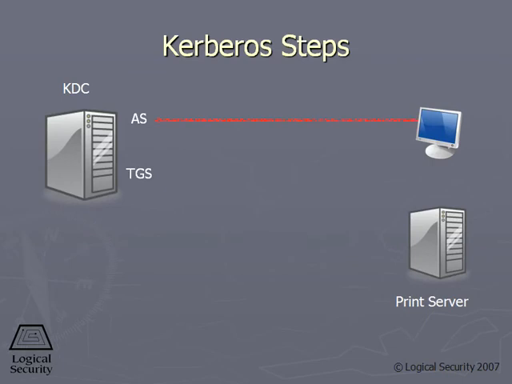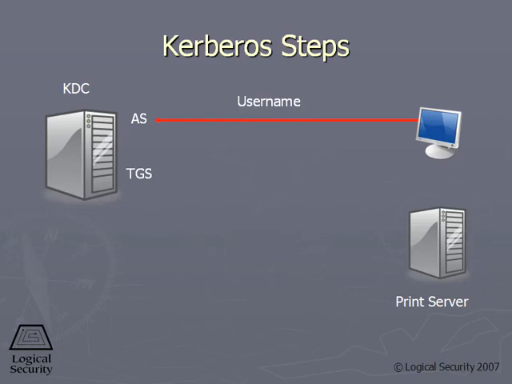So what happens is I come in at 8 o'clock in the morning, I sit down at my workstation, and I put in my username and password. My username gets sent over to the authentication service. Not my password, my username. I have typed in my username and password, and I don't really know what's going on in the background. My username goes over to the authentication service on the KDC.